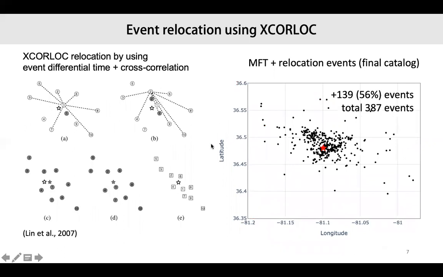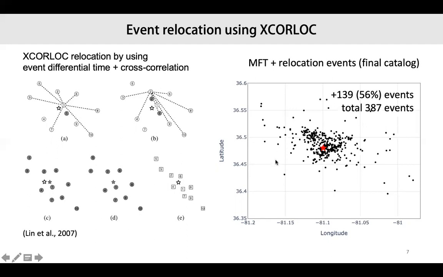After using matched filter to detect all the new events possible in a 1-month period, we use a relocation program such as GrowClust to relocate the earthquakes. This algorithm takes in the differential times from cross correlations of earthquakes, and then relocates all the event clusters in the catalog to get precise relative locations.